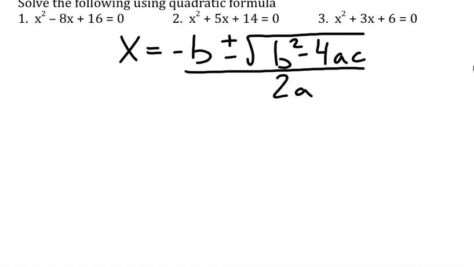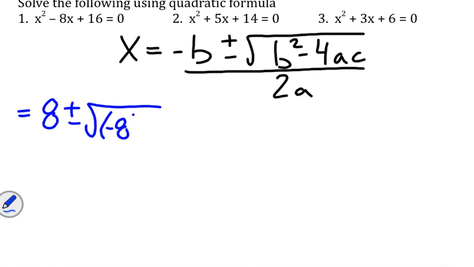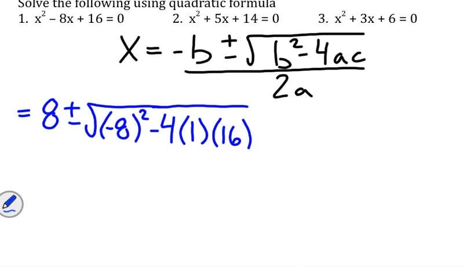So the first one, we've got x equals 8 plus or minus the square root of negative 8 squared minus 4 times 1 times 16, all square root, over 2 times 1.